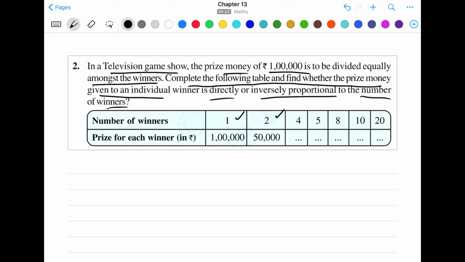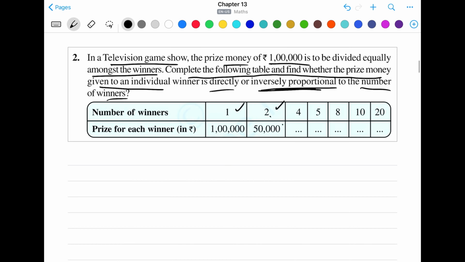So what we can notice is that as the number of winners increases, the money each gets decreases, which means the number of winners and their prize money are inversely proportional. Now we have to complete this table for 4 winners, 5 winners, 8 winners, 10 winners, and 20 winners.